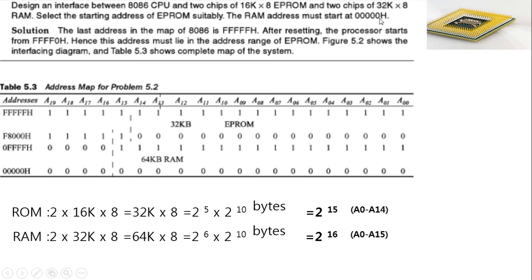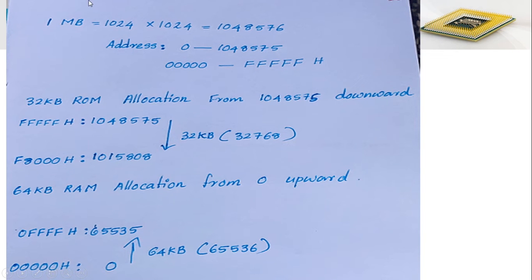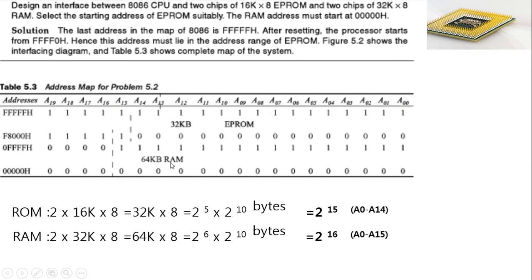For more clarification, consider the total 1 MB memory, that is 1024 into 1024, a total of 1048576 bytes. For these bytes, the address values range from 0 to 1048575, which in hexadecimal is 00000 to FFFFFH. Among these we need to allot 32 KB for our ROM and 64 KB for our RAM, and RAM must start from 0.